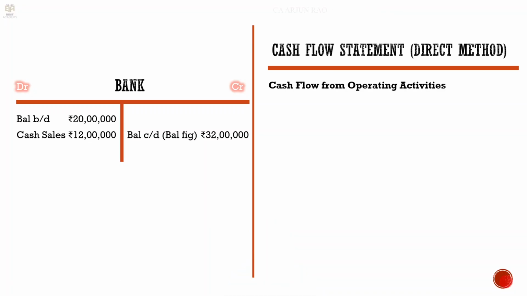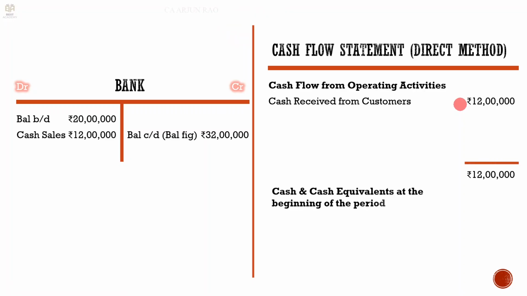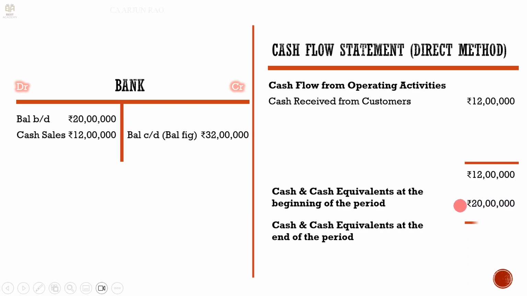We will have cash flow from operating activities, cash received from customers, that is this 12 lakhs, and let's assume that there are no other transactions. So this will be 12 lakhs. Then cash and cash equivalents at the beginning of the period, that will be this 20 lakhs, and cash and cash equivalents at the end of the period, that will be 32 lakhs.